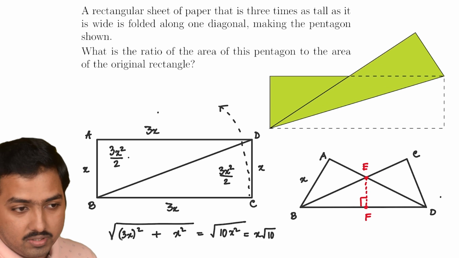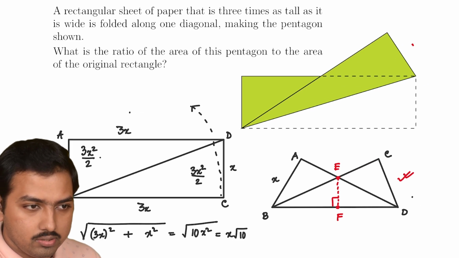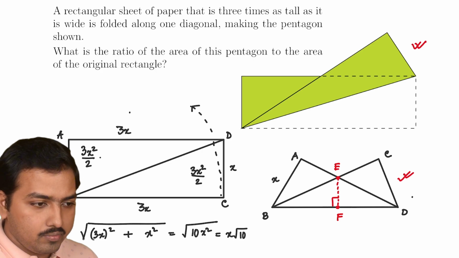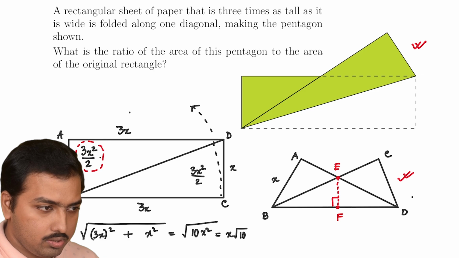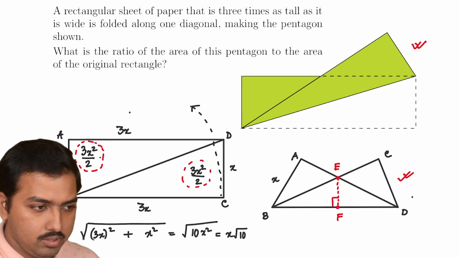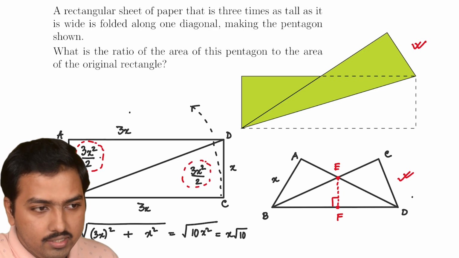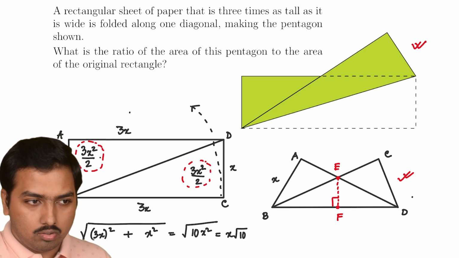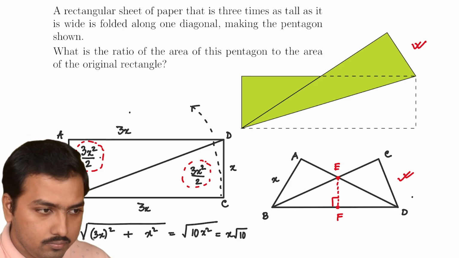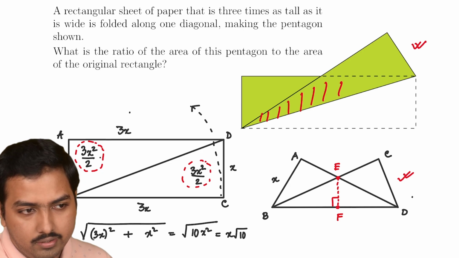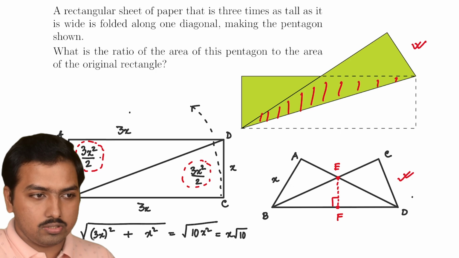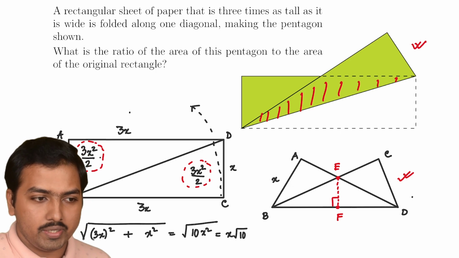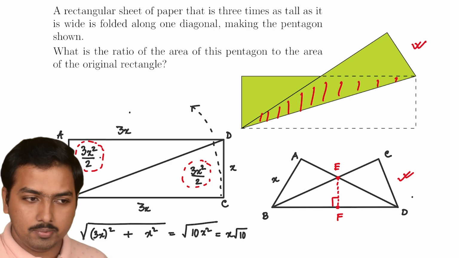I know the area of ABD, which is this, and obviously BCD as well. But if I just add them, I won't get the area of the pentagon because this portion is counted twice. So if I add these two and subtract this portion, then I'm done. So the question is now: what is the area of triangle BED?